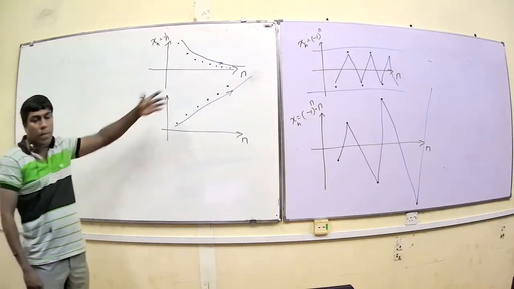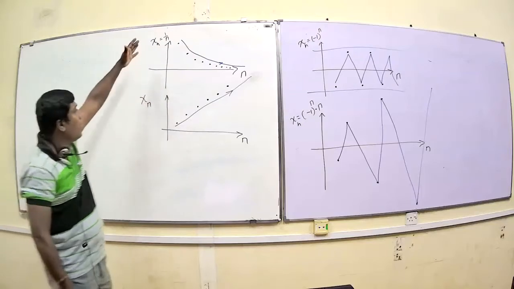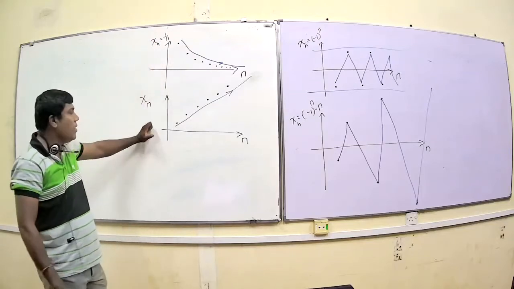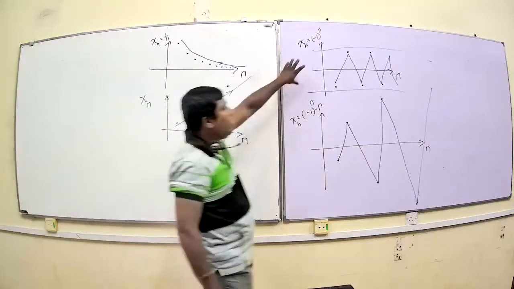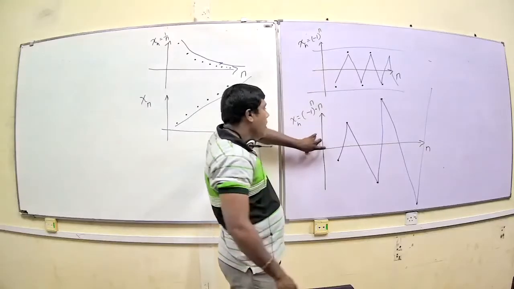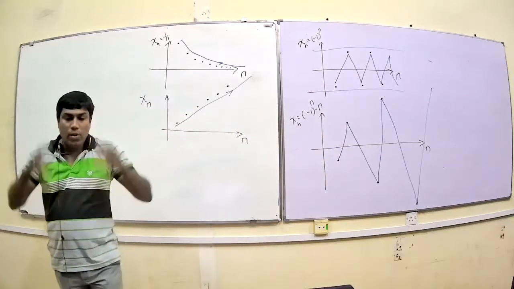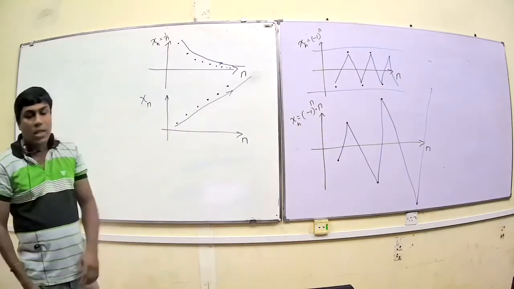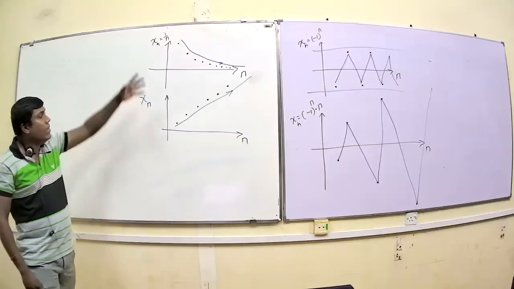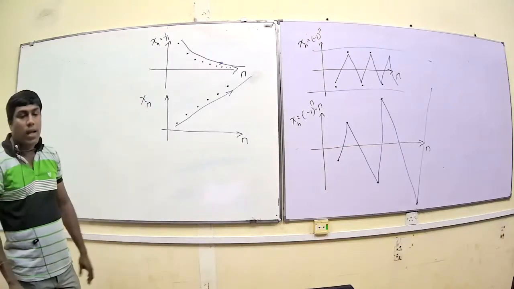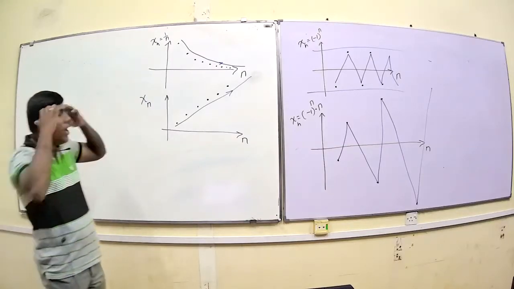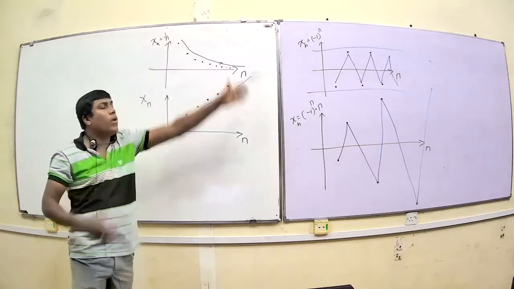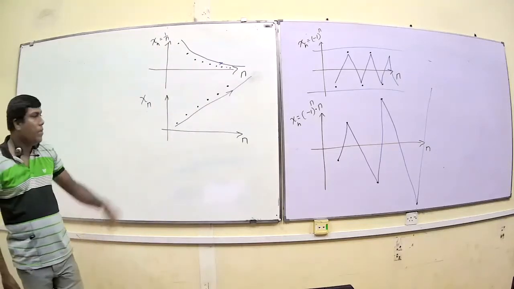So that is how pictorially you can see the convergent sequence, divergent sequence, finitely oscillating sequence, and infinitely oscillating sequence. If you have these pictures in your mind, you can easily see the definitions. A convergent sequence goes to a finite limit.